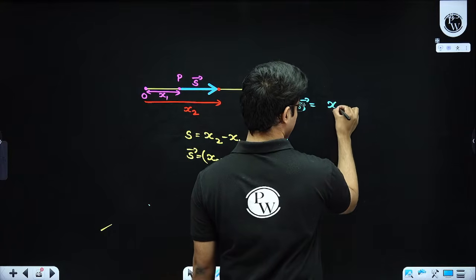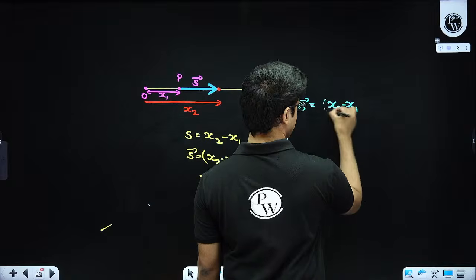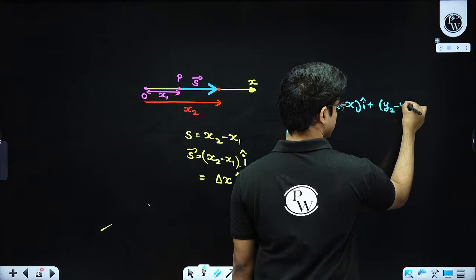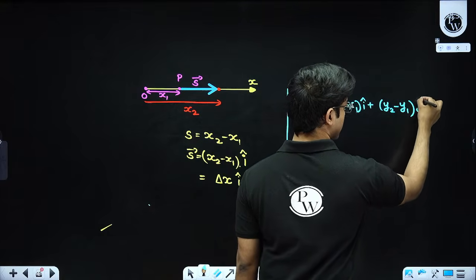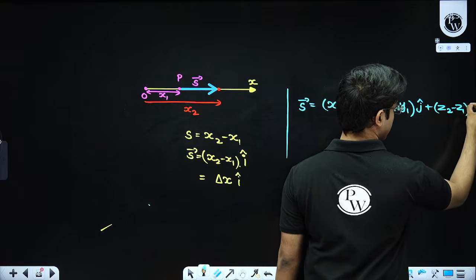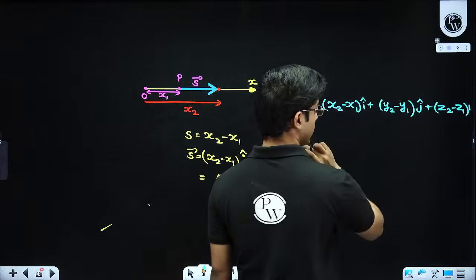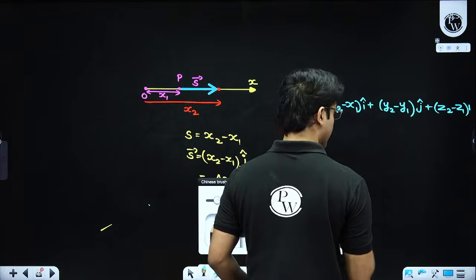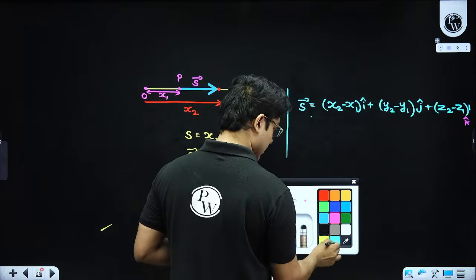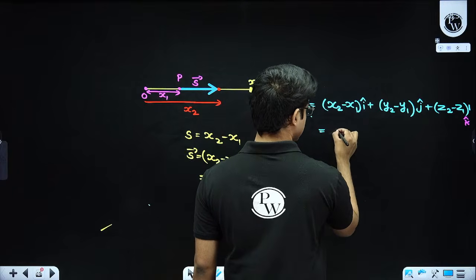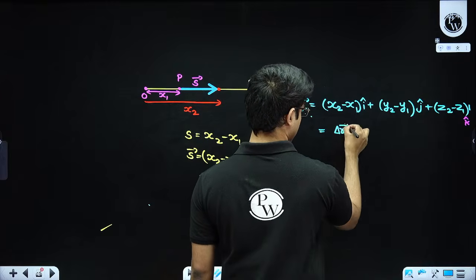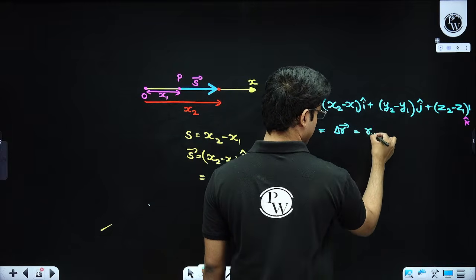So the x direction will be x2 minus x1, and the y direction displacement will be y2 minus y1, and the z direction displacement will be z2 minus z1, okay. So there will be a k cap over there, or in short you can write this as delta r vector, right, which is r2 vector minus r1 vector.